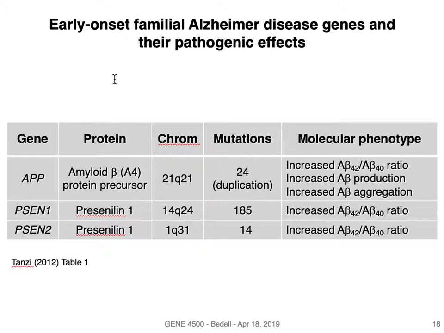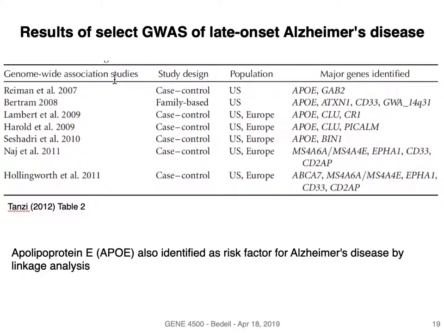Okay, now we're getting into the late onset or sporadic forms, SAD. There are a lot of genes that have been picked up, and you should be automatically reviewing in your mind how genome-wide association studies are done. I just covered those.